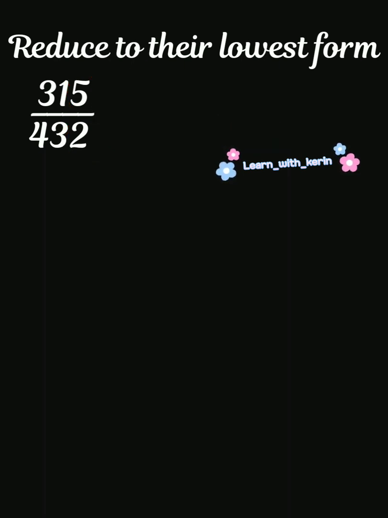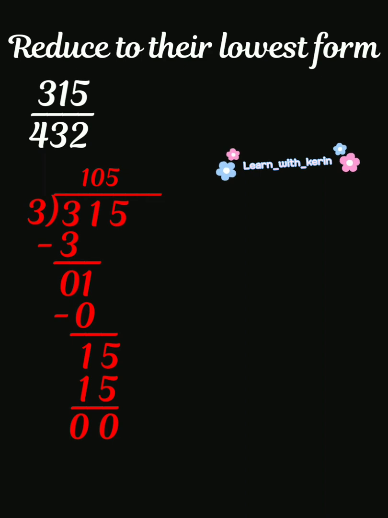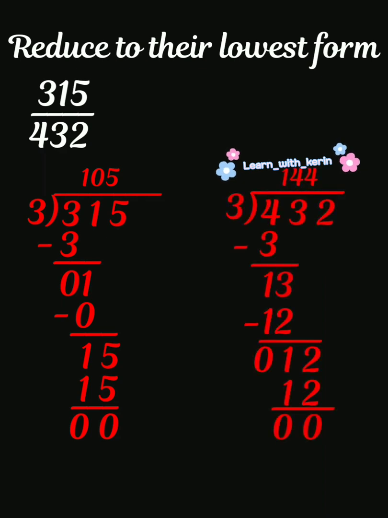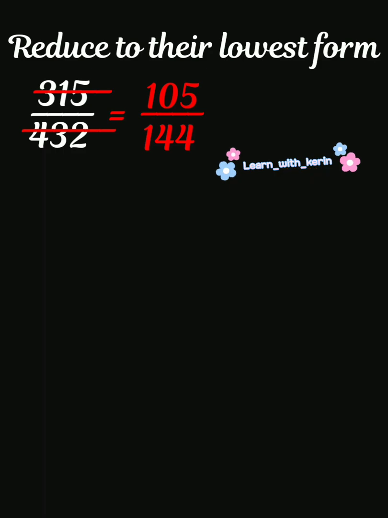So 315 divided by 3 is 105 and 432 divided by 3 is 144. Let us cut the numbers and divide by 3, children. 315 divided by 3 is 105 and 432 divided by 3 is 144.